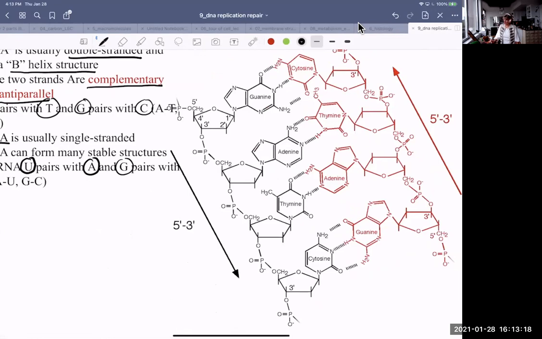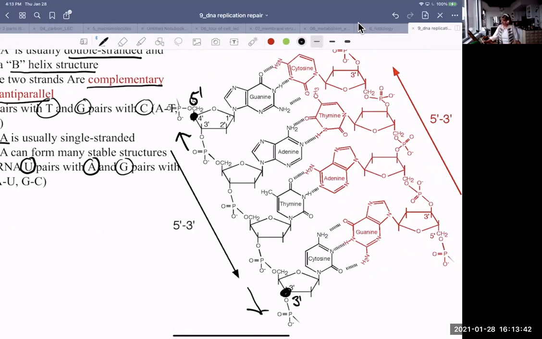What that's referring to is, guess what, the carbon, and where the carbon is. When we're looking at this end of this molecule, here's the 5' carbon here. And if we're looking at this end, here's the 3'.